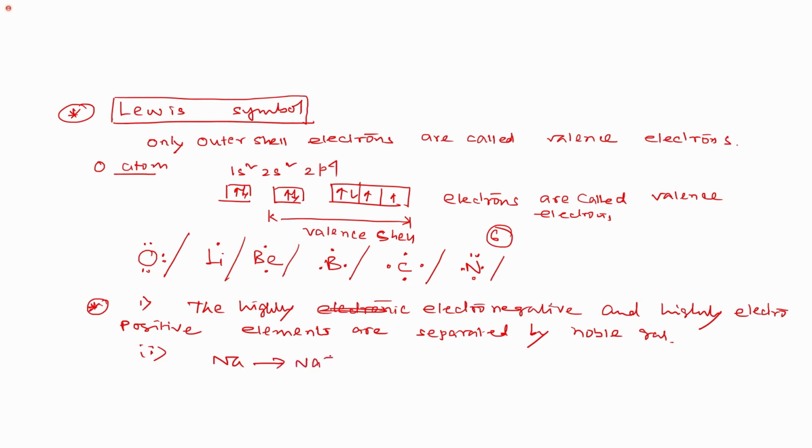The second postulate is that for the formation of Na to Na plus cations, it releases 1 electron, so by the loss of 1 electron the cation is formed. Similarly, the formation of anions is by the gain of one electron.